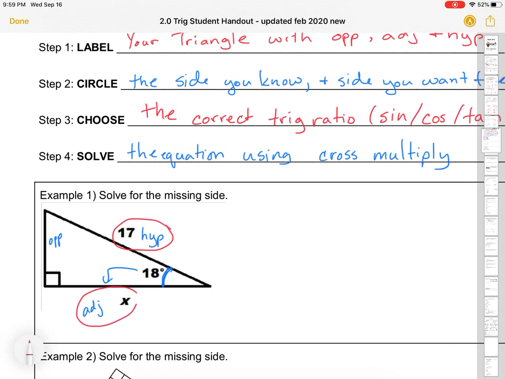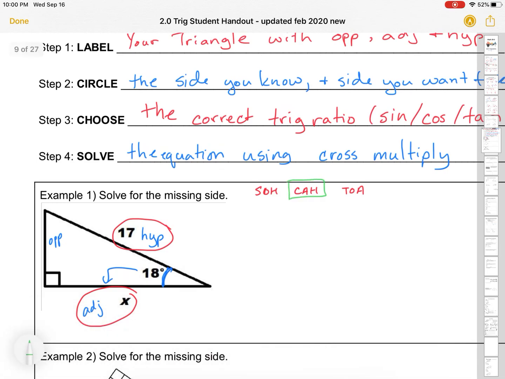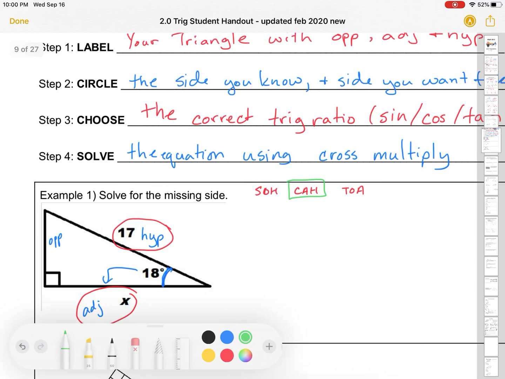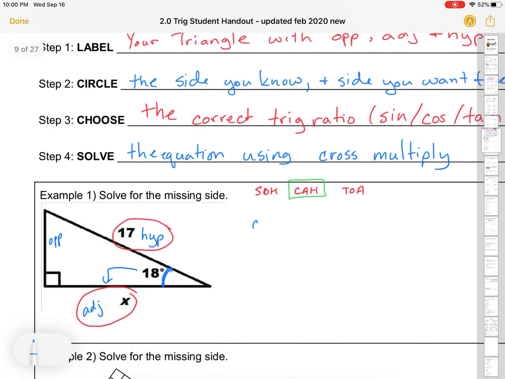So we know the hypotenuse, 17, and we're looking for x, the adjacent. Okay? That's step number 2.